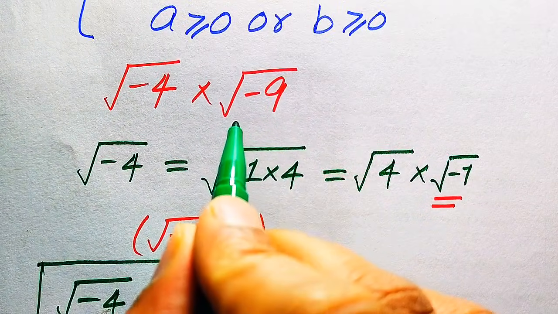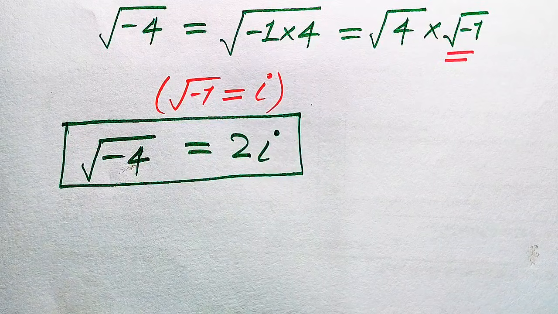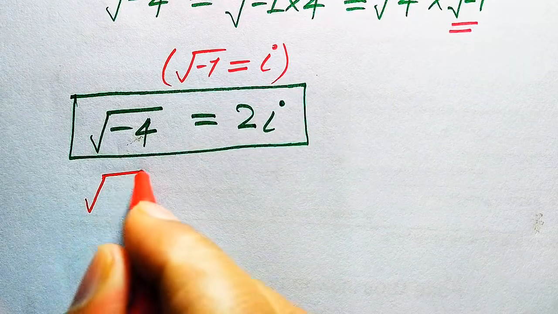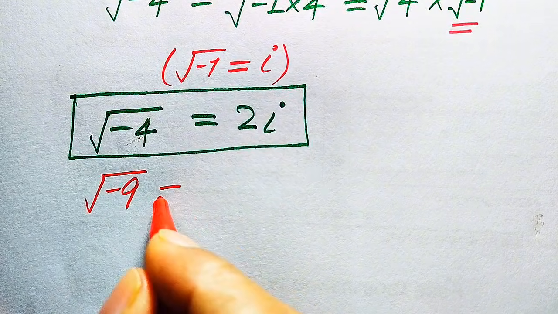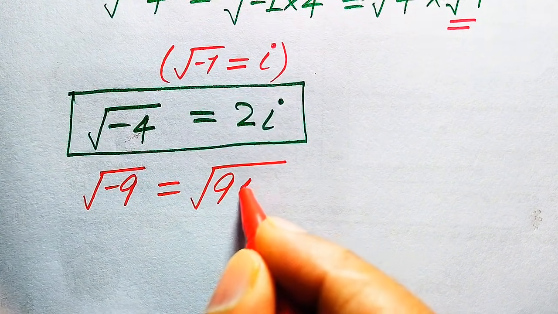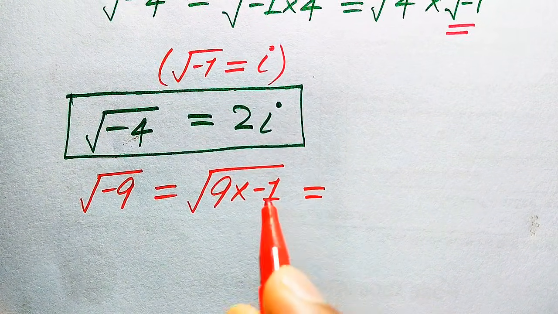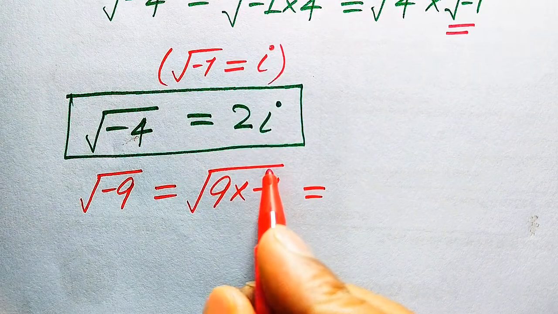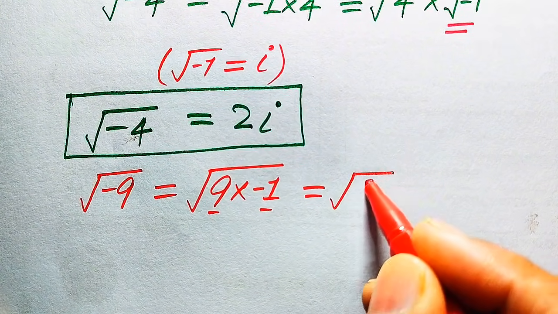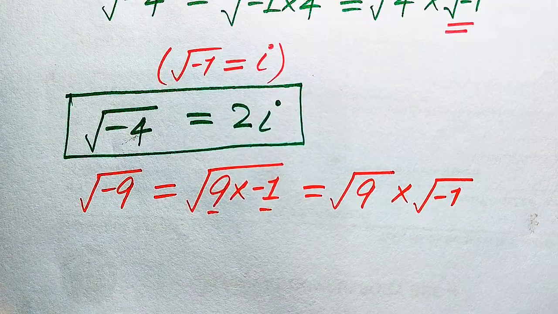In the same pattern we find the value of square root of minus 9. We copy it down and write it as 9 multiplied by minus 1. Further we break the square root sign and apply the square root separately on both of these values, and we obtain square root of 9 multiplied by square root of minus 1.